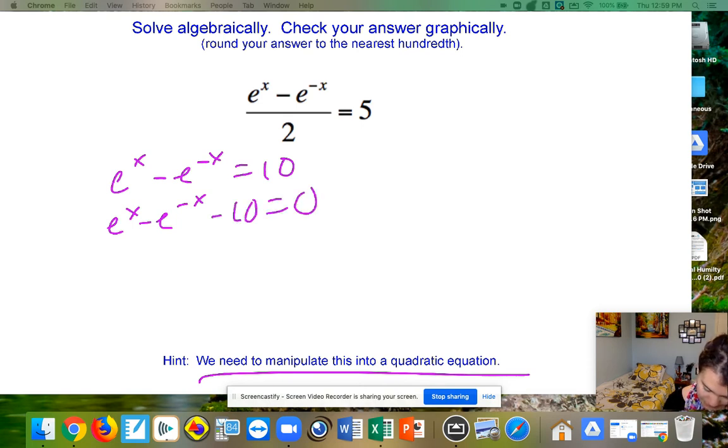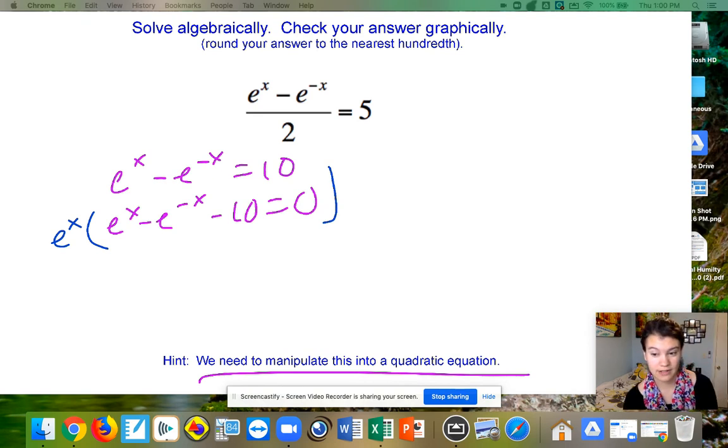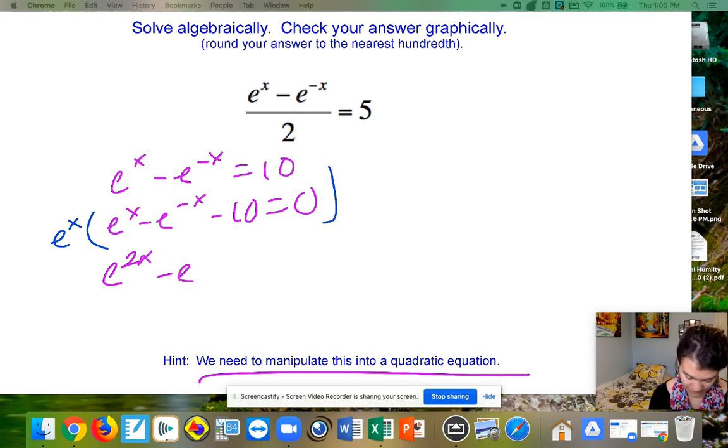And then the trick here, that's a little bit odd, is I'm going to multiply everything by e to the x, because that will give me an e to the 2x as the first term, because you add x plus x. So we'll get e to the 2x. The middle term is e to the x minus 10, e to the x equals 0.